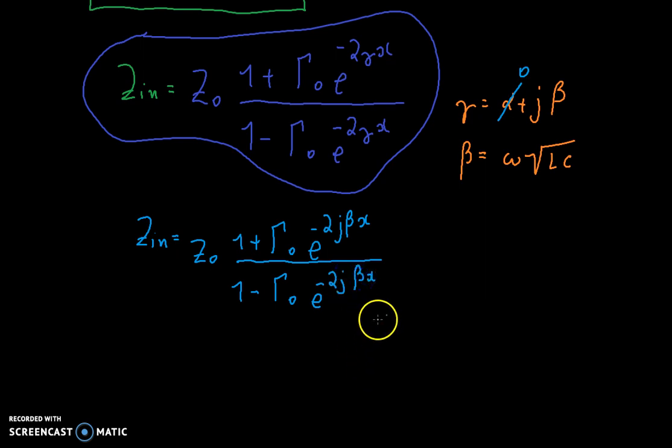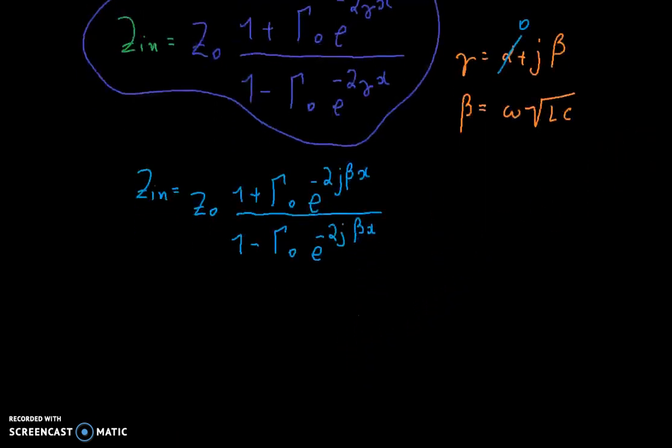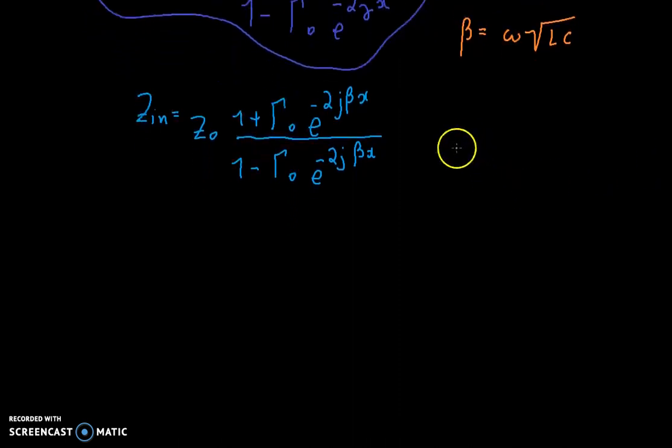Okay, so now if you remember, there is a function in mathematics which is called the hyperbolic tangent. We write it as tanh, and this tanh x is equal to e to the 2x minus 1 divided by e to the 2x plus 1.